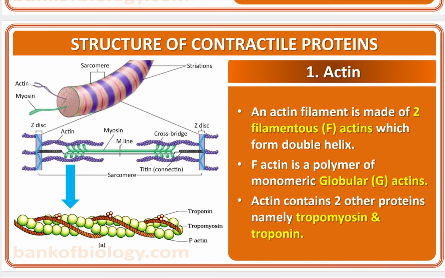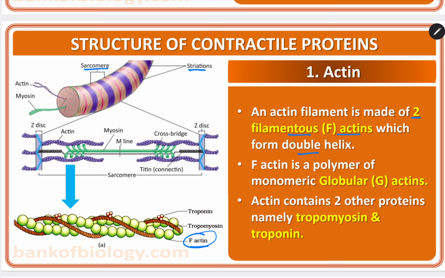An actin filament is made up of two filamentous actins which form a double helix. Remember, an actin filament is made up of two filamentous actins which form a double helix, F actin or filamentous actin. See the diagram. Actins are present here.